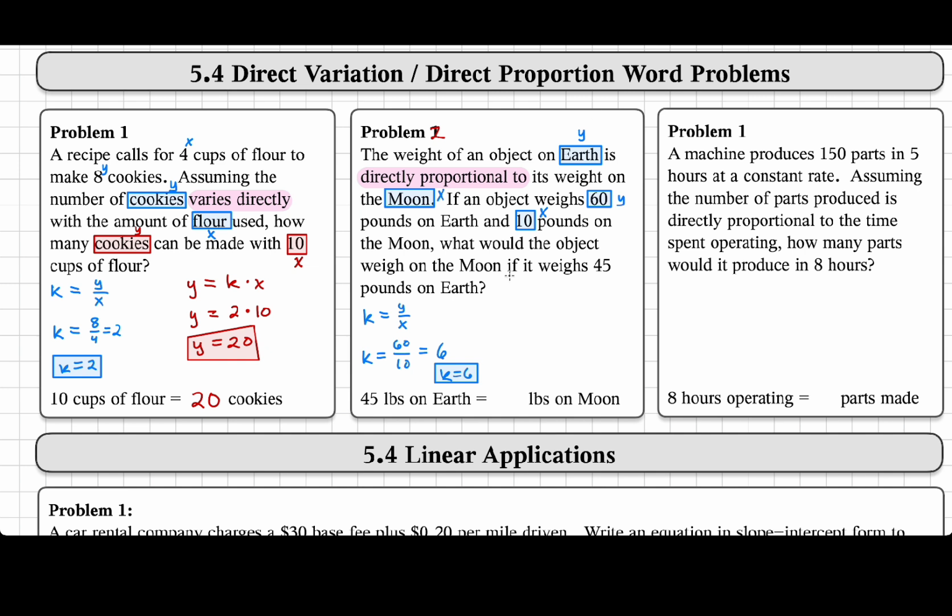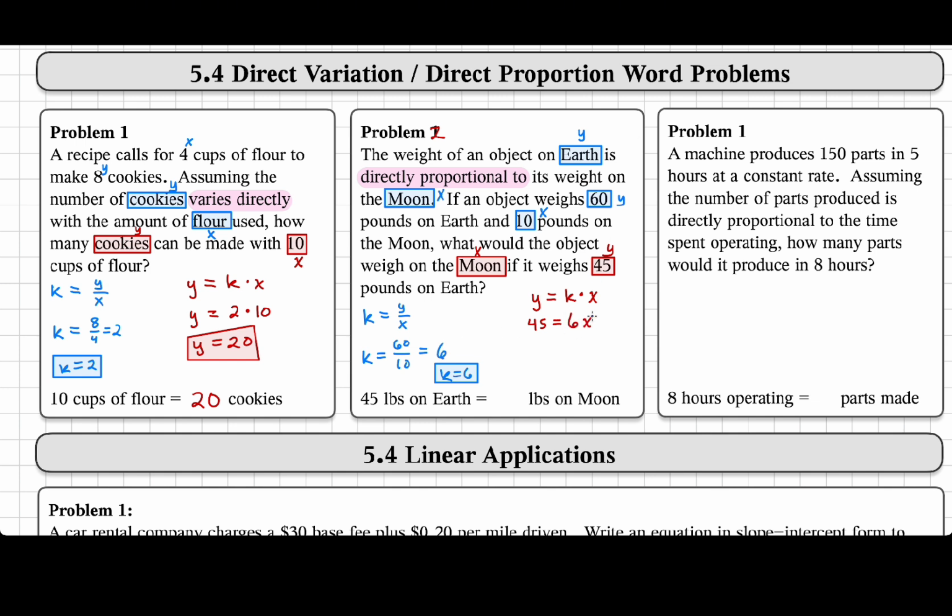So the next part of it is, what would the object weigh on the moon? So this is the unknown that we're looking for. So this is my x. This part is if it weighs 45 pounds on Earth, which is my y. So we're going to have y is equal to kx. So we're going to have 45 equals 6x.